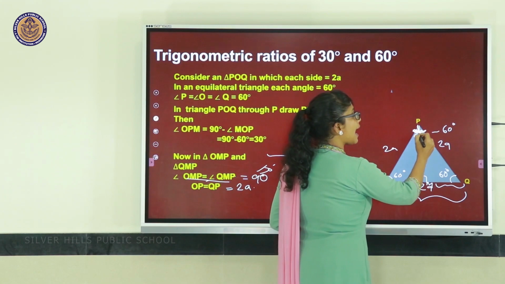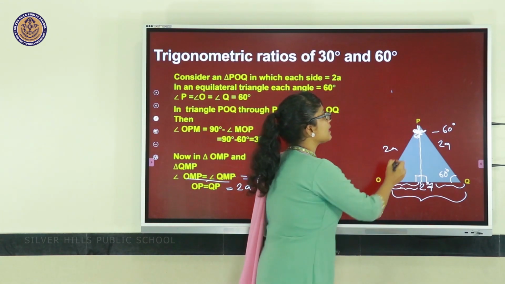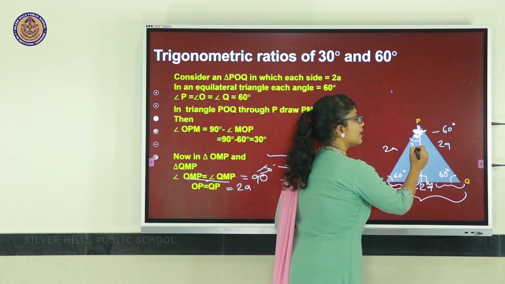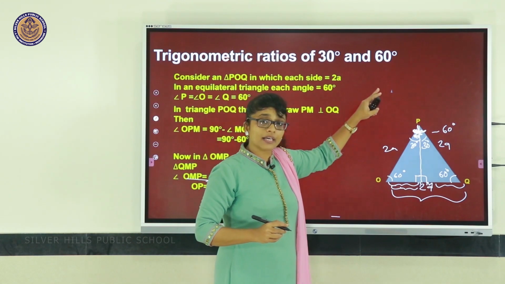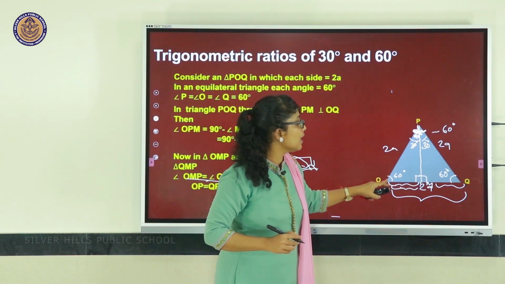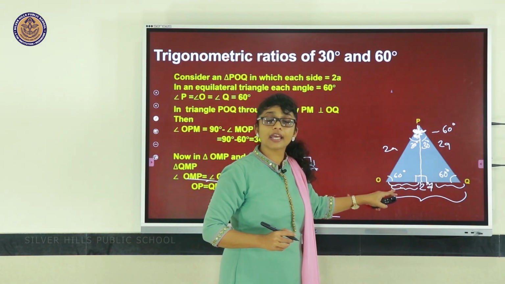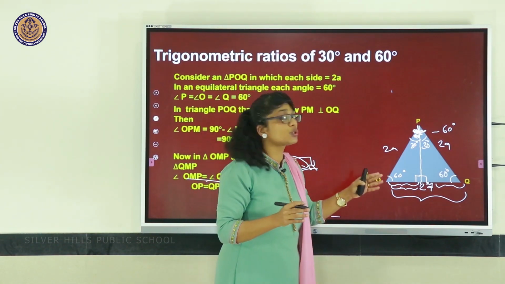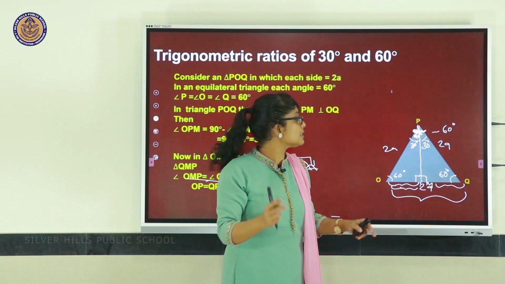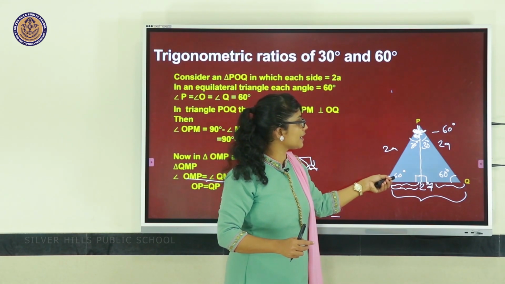This total angle is 60 degree and this small angle is what? 30 degree and this angle is also 30 degree. Now one equilateral triangle is here. Each angle is 60 degree. We divided this equilateral triangle into two right triangles and this angle is 60 degree.